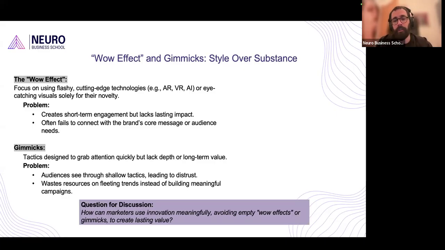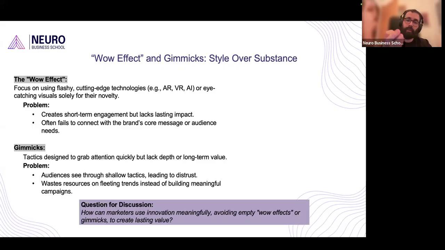But well, we need also to be aware that these kind of things create short-term engagement but lack lasting impact, because if your project, if your strategy is not fully aligned with these kind of technologies, you are just forcing the technology to match with your idea, but it has no sense.